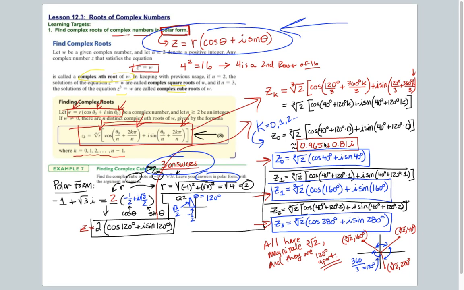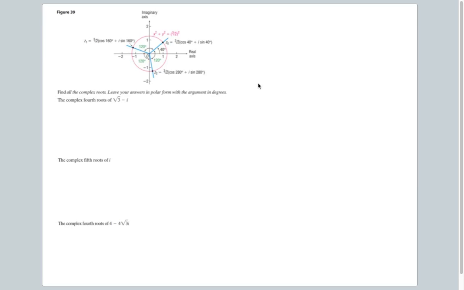Just like that. All right, so here is that picture I was just talking about right there. This kind of gives you a better idea of the cube roots of that particular number that we just talked about, and the way it's always going to look when you think of it on the graph.